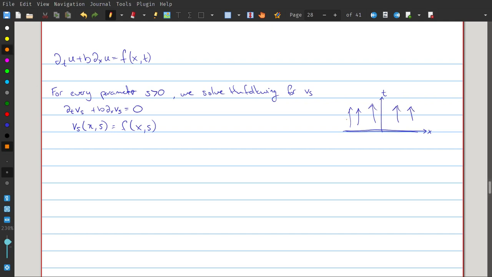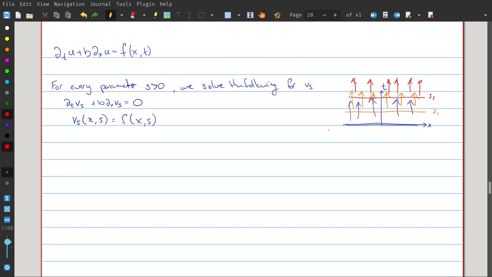And what we're going to do is, for every S, let's say for S1 here, we have a problem where we have given the initial data, or what the function should be on this line here, t equals S1, and then we want to solve the homogeneous problem starting from there going forward in time. All right, and we can do this for any other time. Maybe we want to do this for another time, S2. And so for every parameter S, for every number S, we have one of these problems.